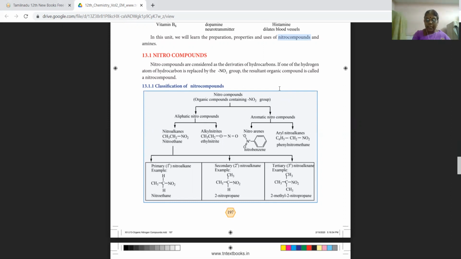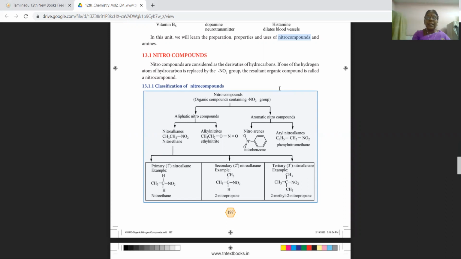And in the aromatic nitro compounds, the compounds have the benzene structure, and that is further divided into nitroarenes and aryl nitroalkanes. Nitroarenes have the NO2 group on the ring, for example nitrobenzene, and for aryl nitroalkane, the example is C6H5CH2NO2, that is phenyl nitromethane.